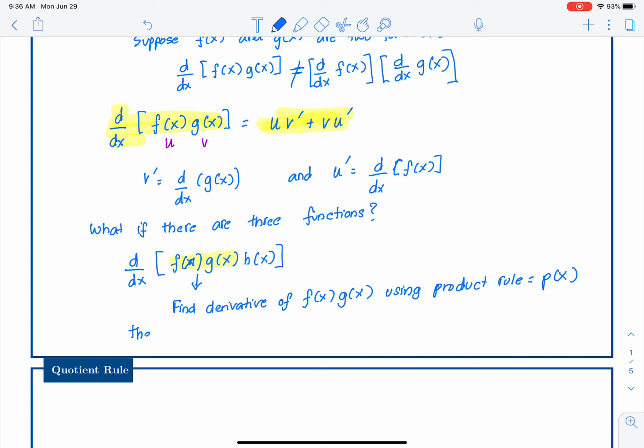Then we have to do the derivative of p of x times h of x using product rule again. So if you have multiple functions in product, then we've got to apply product rule multiple times, and things would get really out of hand.